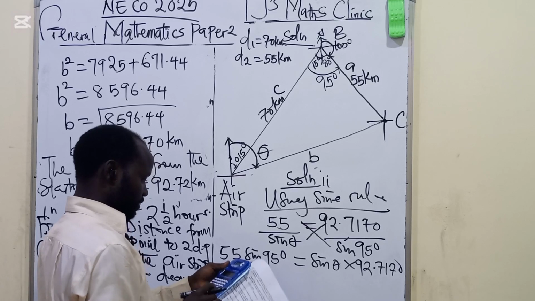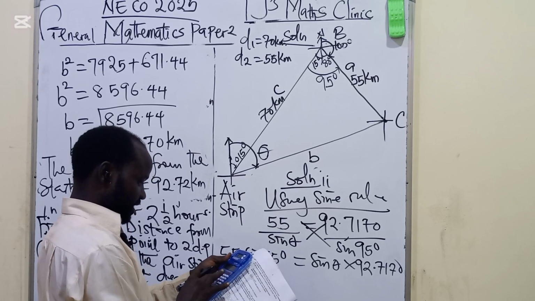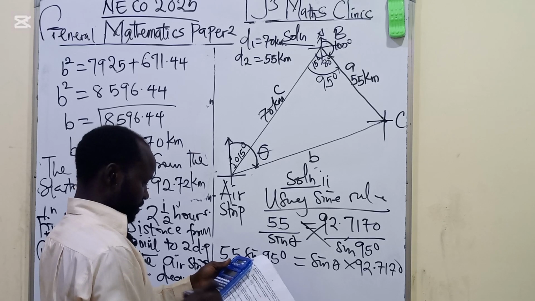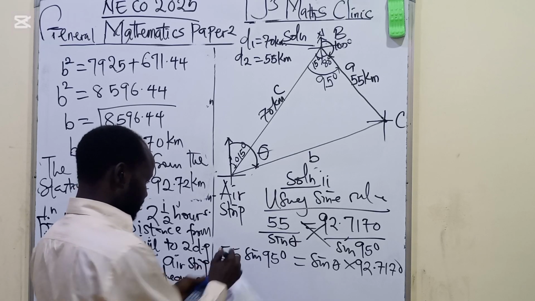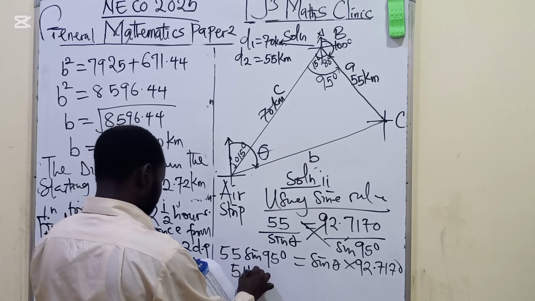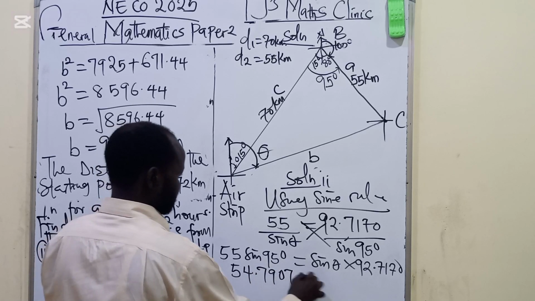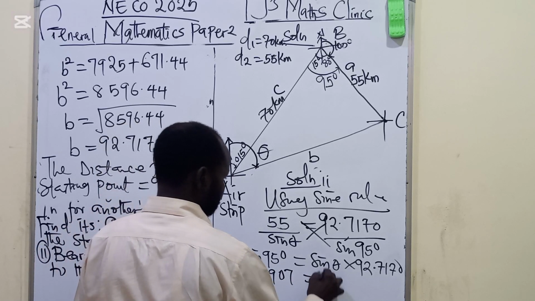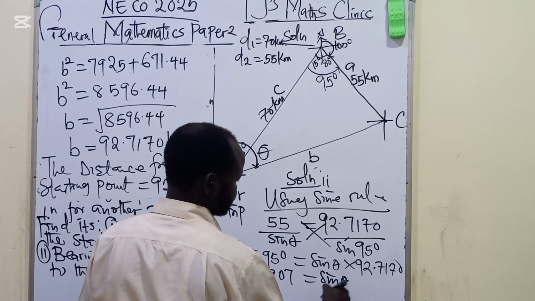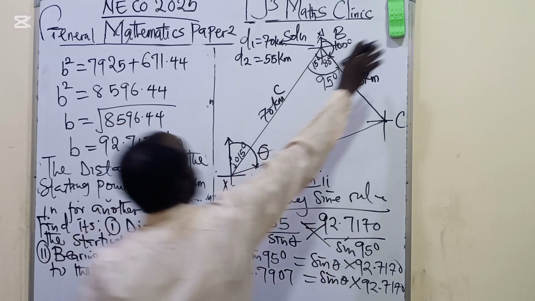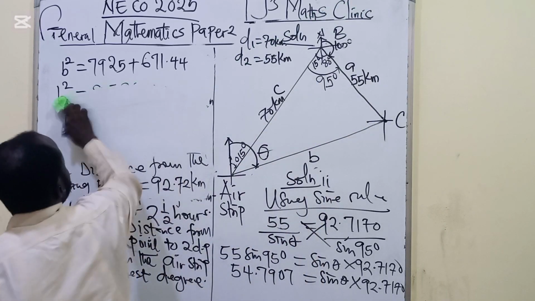So ensure that your calculator is in degree. So sine 95 degree multiplied by 55. What do we have? We have 54.7907 will now be equals to sine theta times 92.7170.